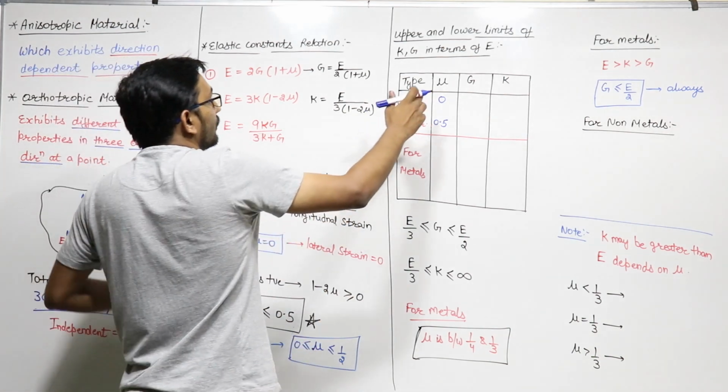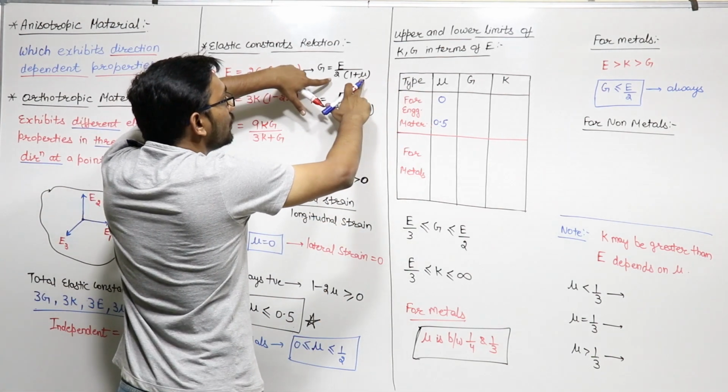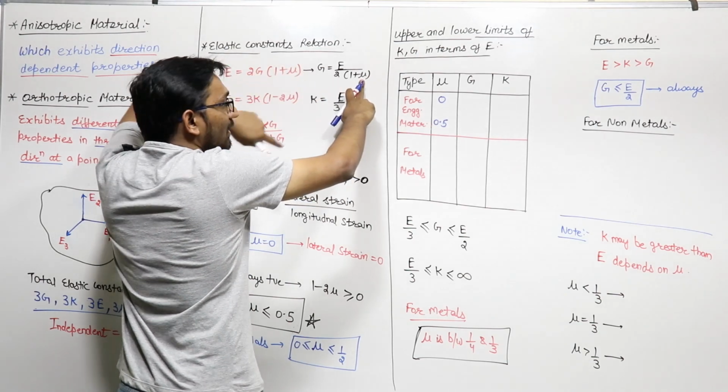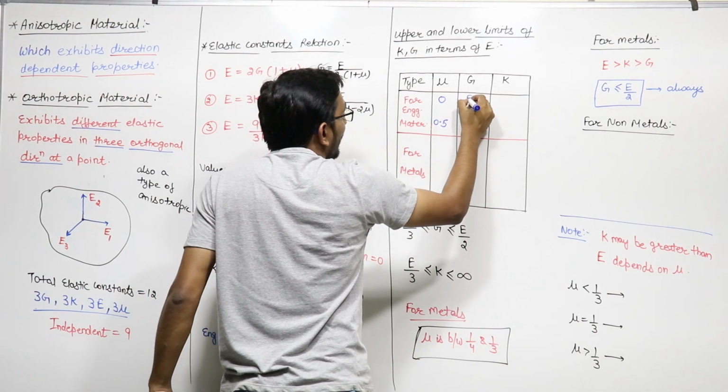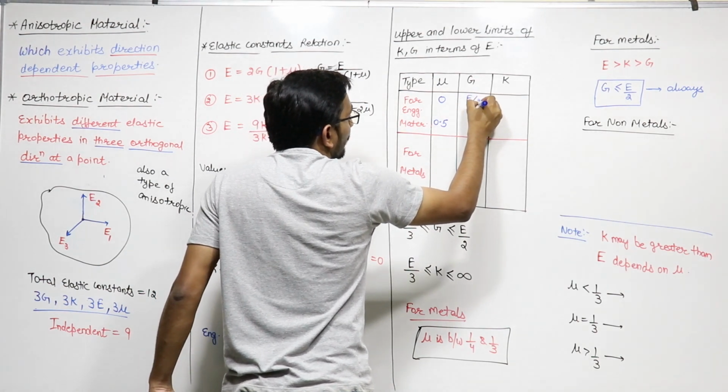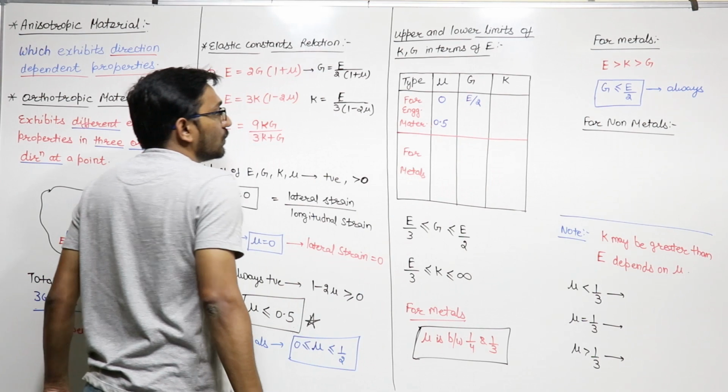If you put the value of mu as 0 here, this is 1 plus 0, 1, so the value of G will be E by 2.